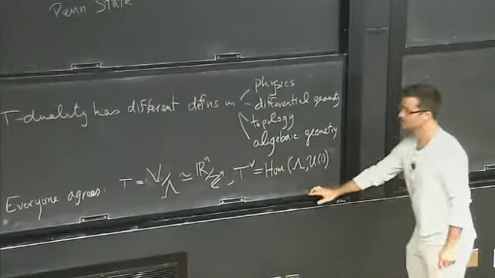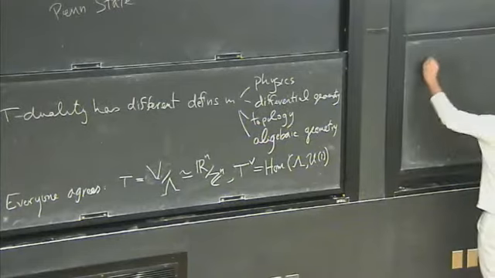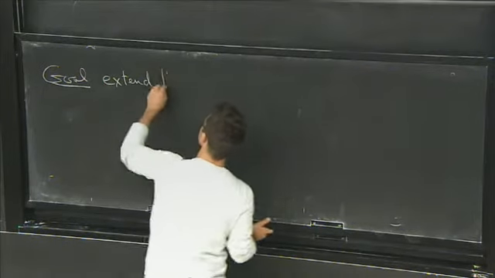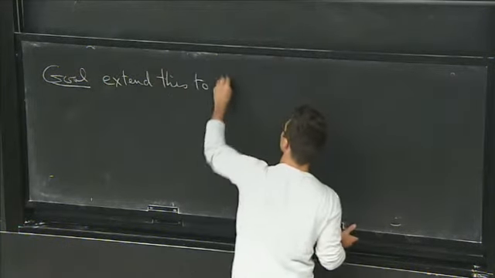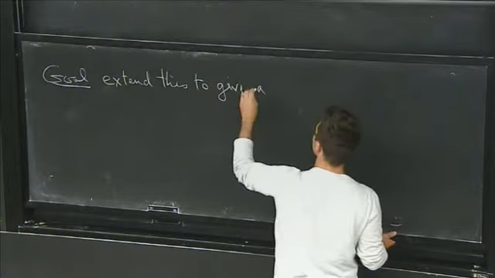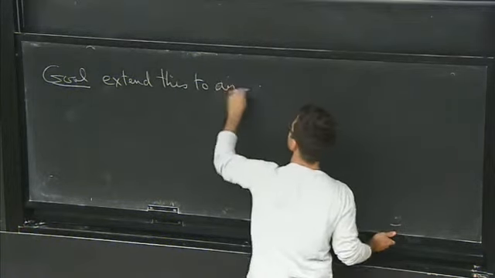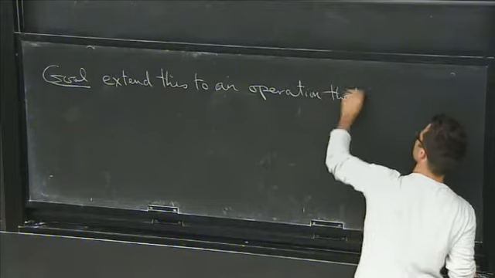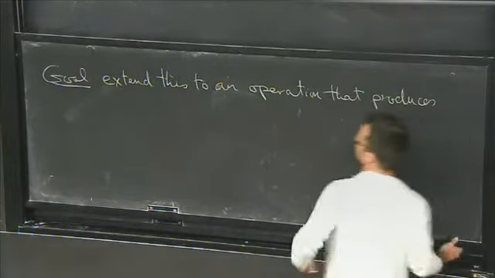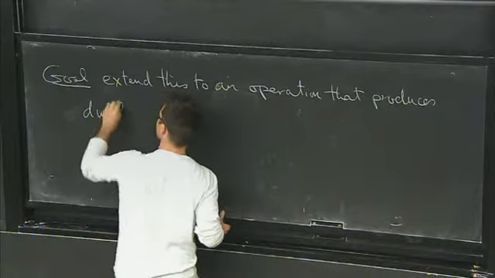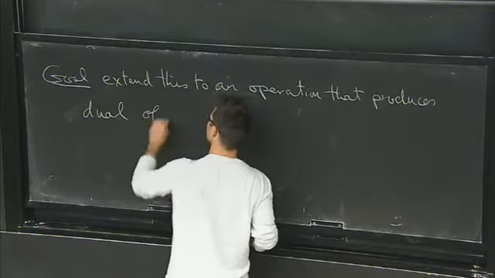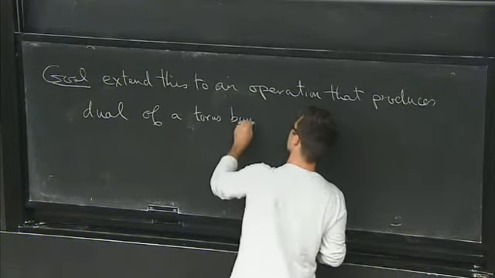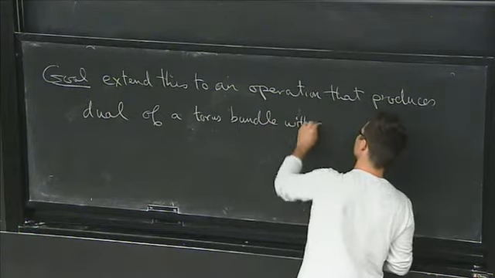And now I want to extend this to an operation that produces the underlying dual geometric space of a torus bundle with gerbe.